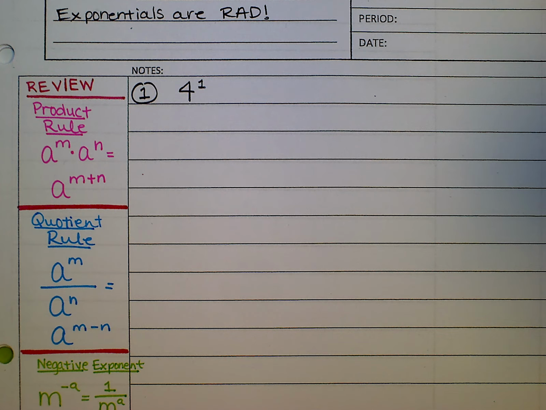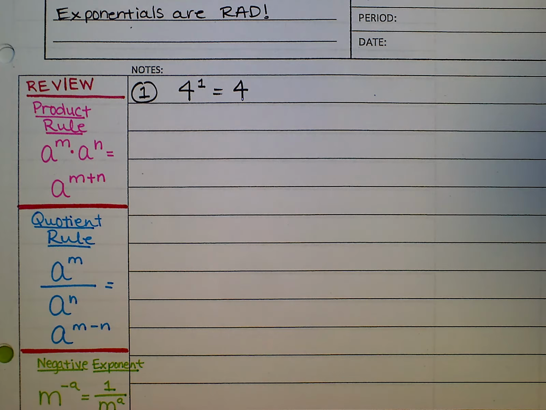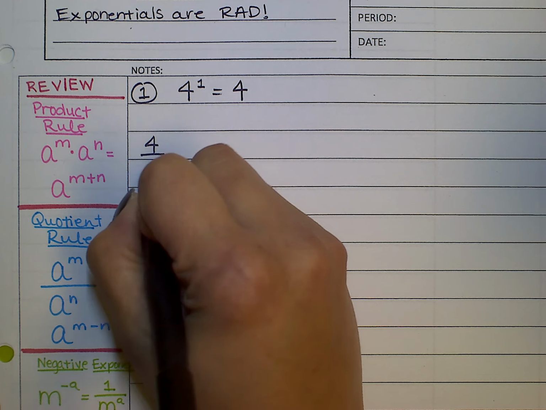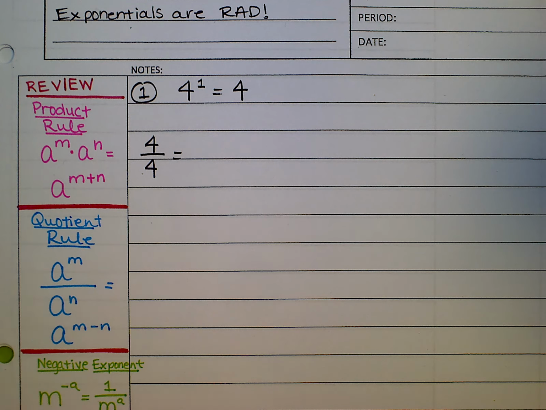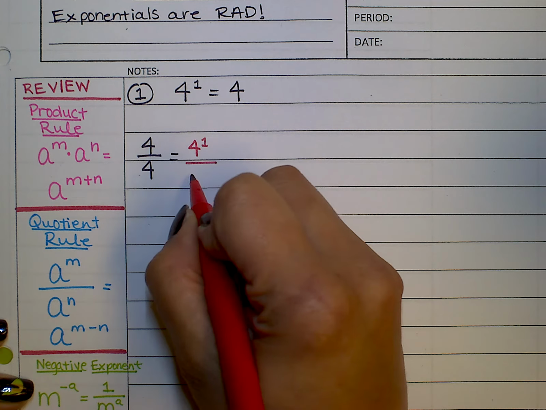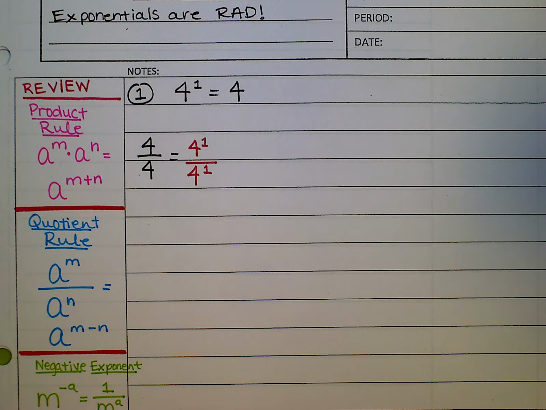Beyond easy. Example 1, 4 to the power of 1 is equal to, well, 4. Okay, so in that case, I want to take this a little bit further. What if I gave you 4 over 4? Well, I would say that that's equal to 4 to the power of 1 over 4 to the power of 1. Beautiful.